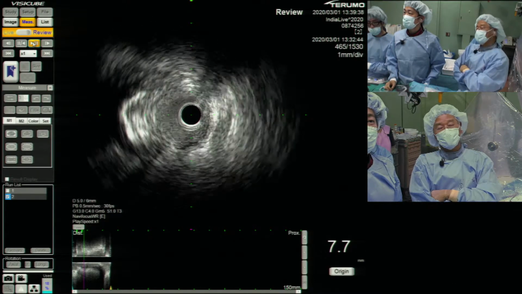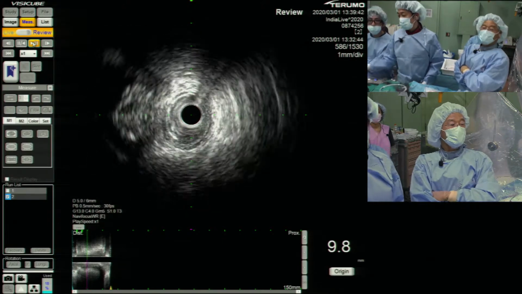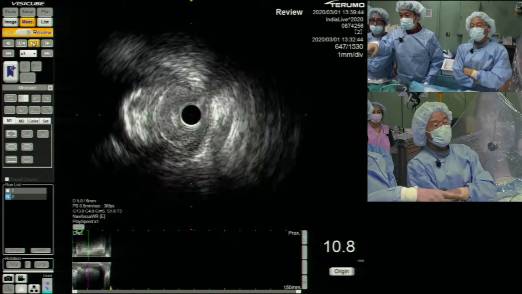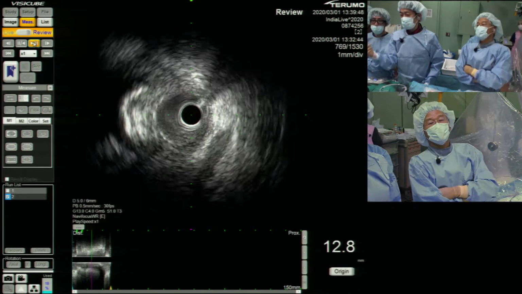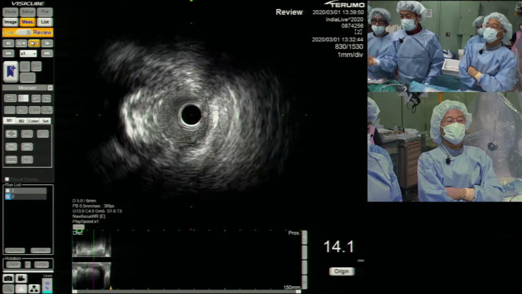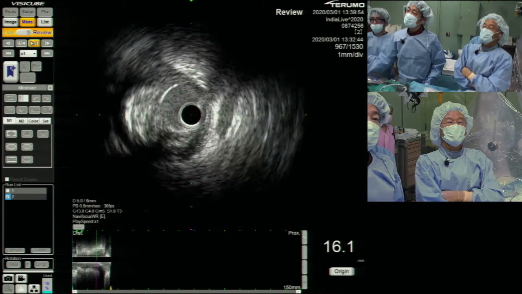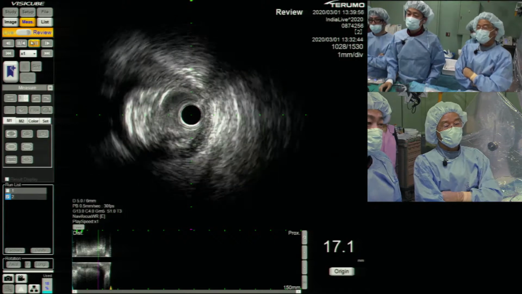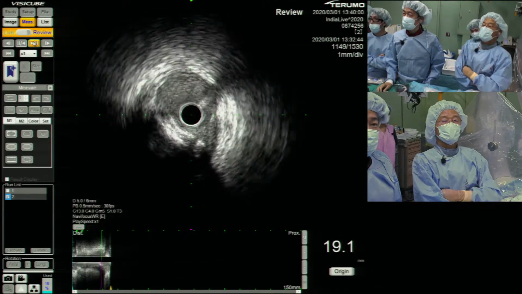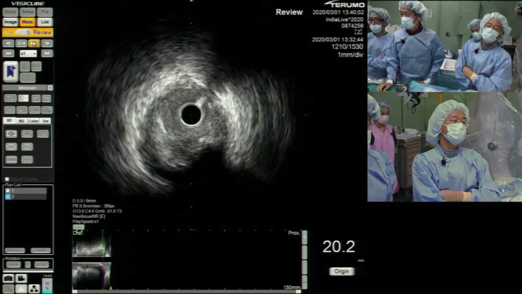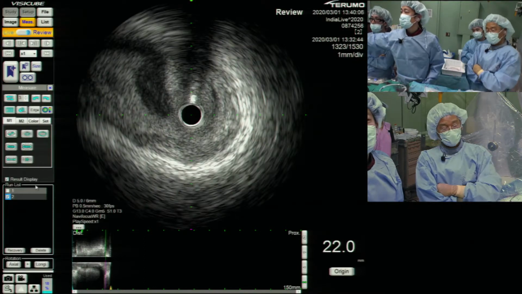From the diagnostic angiogram, we expected the CTO entry to be a little more proximal, but that is not true. The IVUS revealed the true CTO entry was a little distal to the first bend of the LAD. There seems to be some calcium in the wall of the proximal cap.